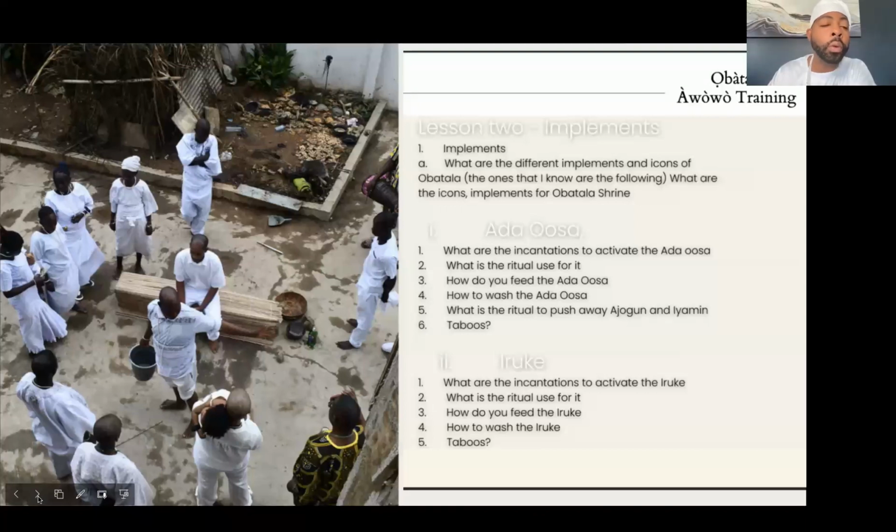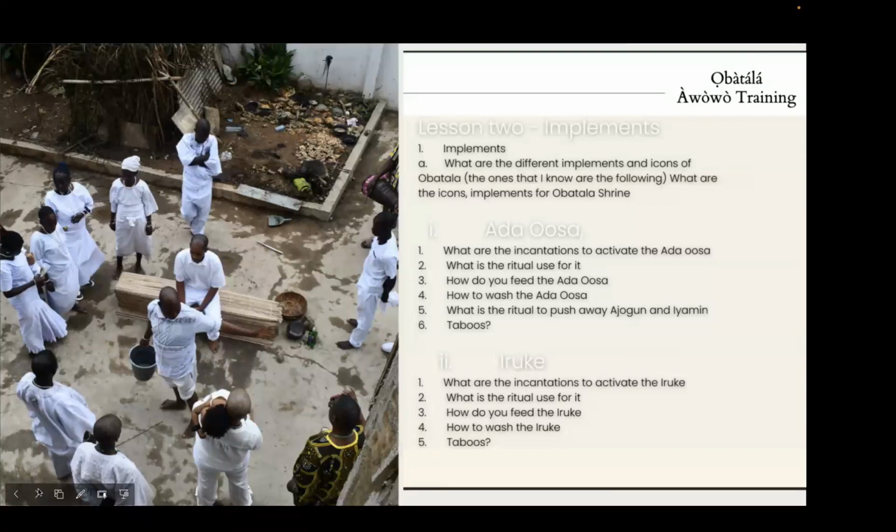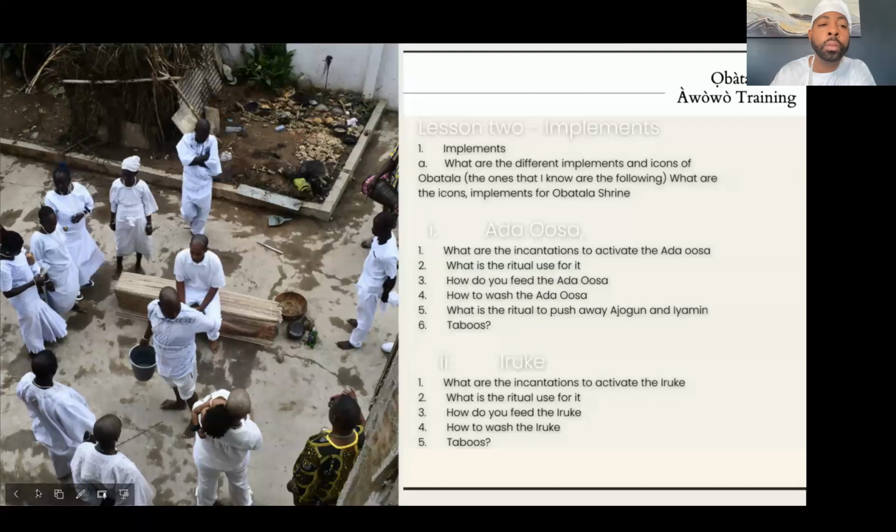But not everybody realizes this, and not everybody goes out holding this to show that you are this or you are that. We only attach this to the political kings. Meanwhile, it's part of the instrument of the spiritual kings. And who are the spiritual kings? Ọbàtálá. If you are an Ọbàtálá priest, you can be using the Irukere.